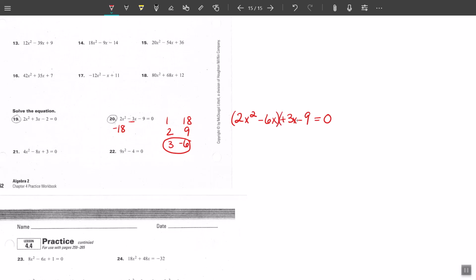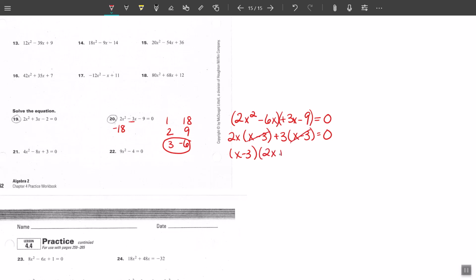All right, so factor by grouping, because I have 4 terms. So I'm going to group the first 2 off, group the second 2 off. Now I'm going to factor out what's common to both. All right, I'm going to finish that off by taking out that binomial that is common to both of them. When I take it out of here, I end up with 2x.